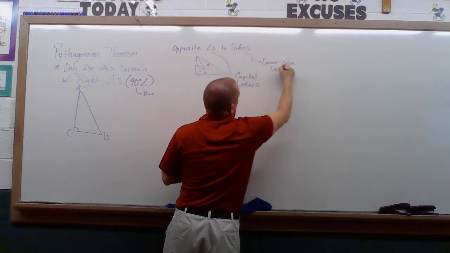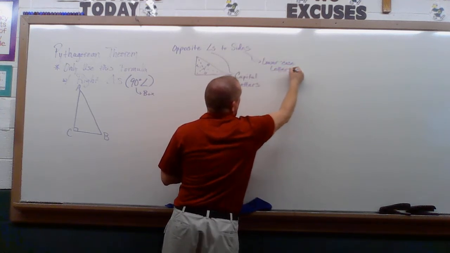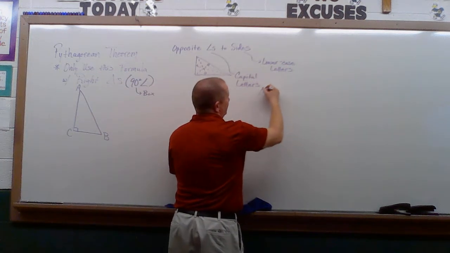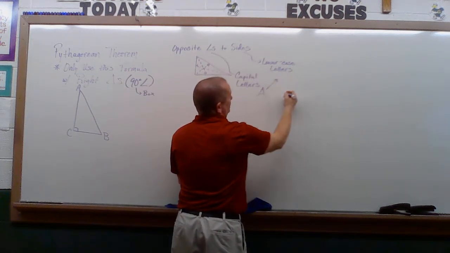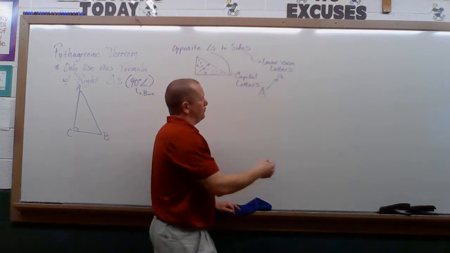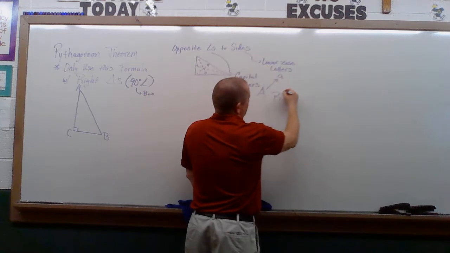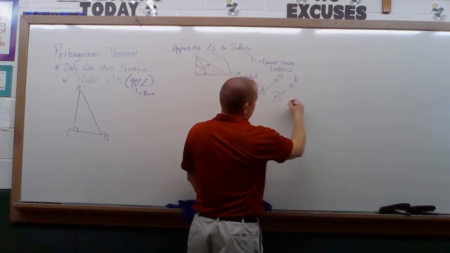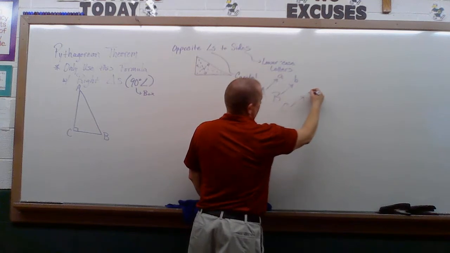They're going to go together, so they're going to be the same letter. So if I have a capital A, the side opposite of it would be lowercase a, and so forth. So capital B goes with little b, and capital C is going to go with little c.